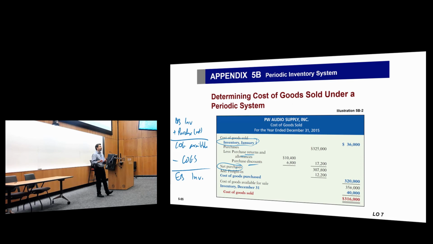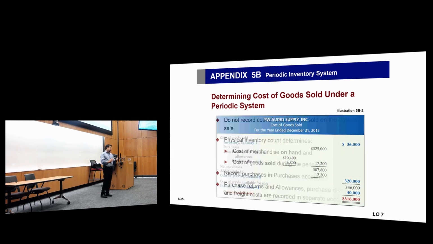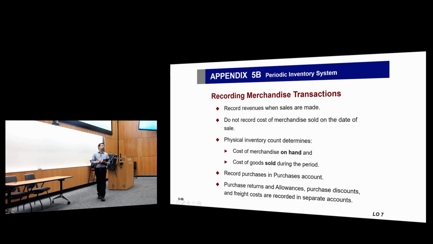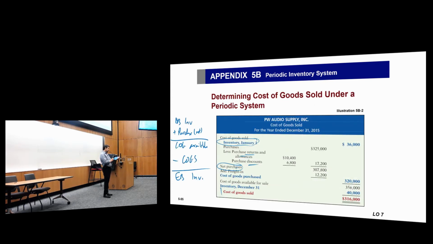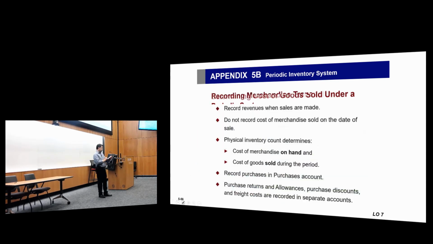So we debited inventory. In this case, the company will debit an account called freight in. Those are temporary accounts that will all be used to calculate the same amount. This is the same number that you would have eventually from the other one. So this is the cost of goods sold. Okay?